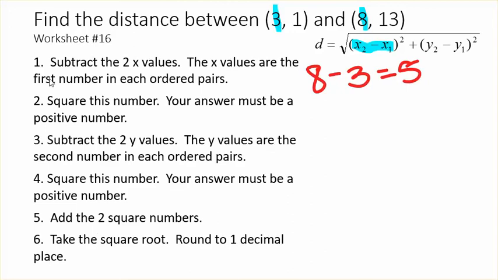So if you're following along in the formula, what I just did by subtracting the two x values was this first part here. Step 2 says to square this number. So in our formula, we subtracted, now we square that. Squaring should give you a positive number. So use your calculator. We're going to take 5 squared, which is 25.